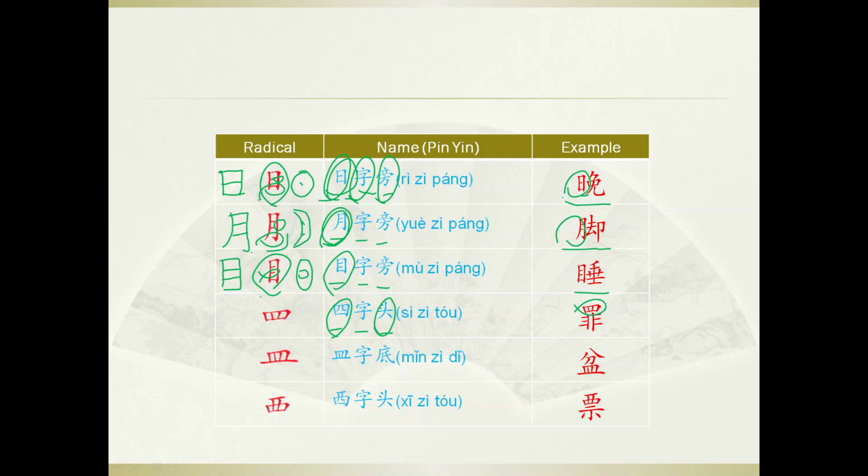The difference is that we should not leave gaps here, as the previous radical may do. And this radical is kind of this word. Just changing the diagonal and turn to vertical.